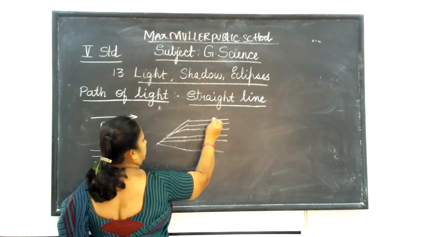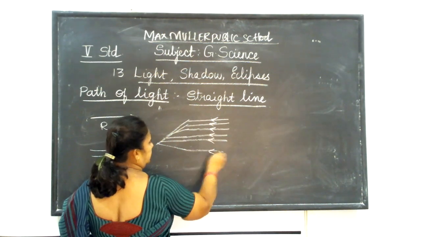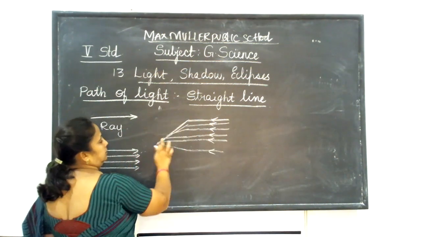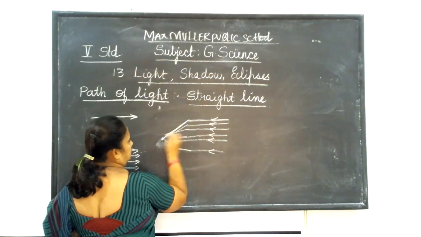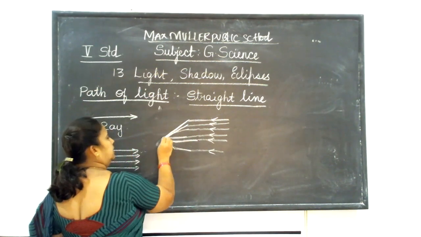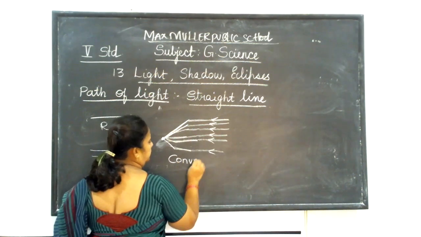The rays are coming from this way, I am showing the arrow mark, and meeting at a point here. This one you call a convergent beam of light.